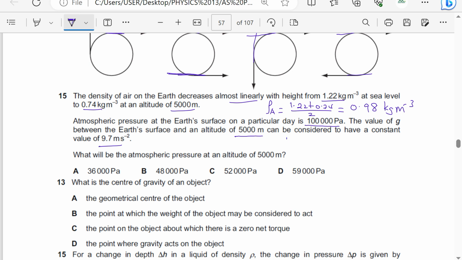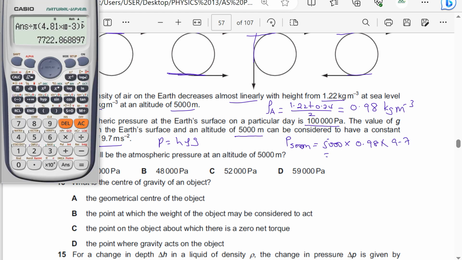Then I'll find the pressure at the height of 5,000 meters. Remember, pressure is going to be equal to the depth times density times g. So the pressure at that height is going to be 5,000 times the average density 0.98 times g, which is 9.7.